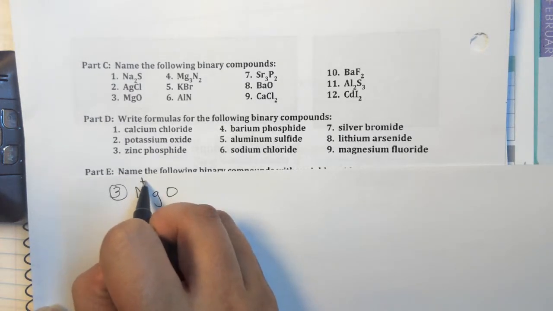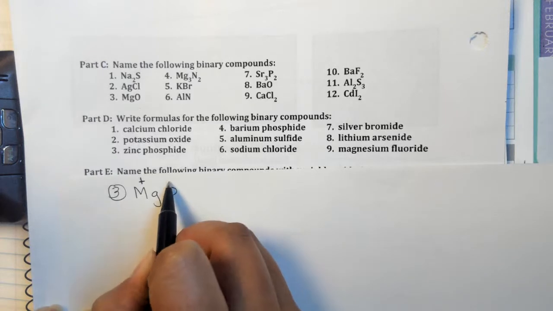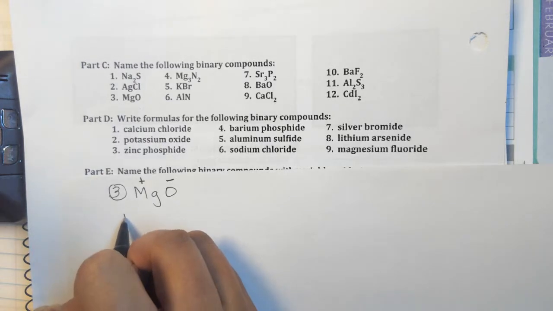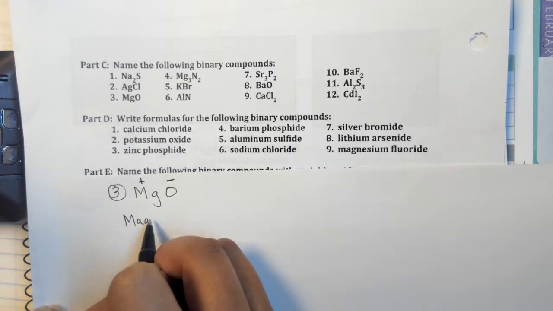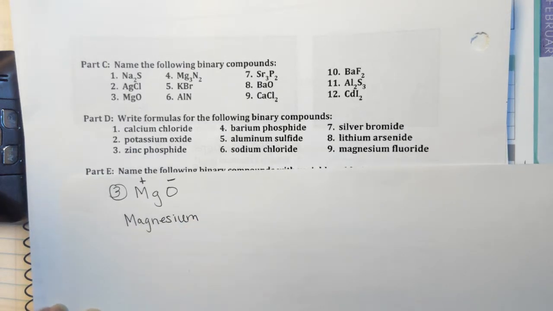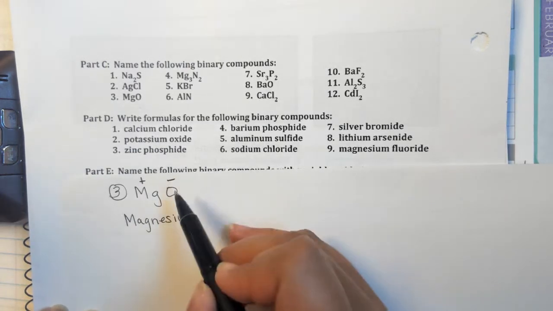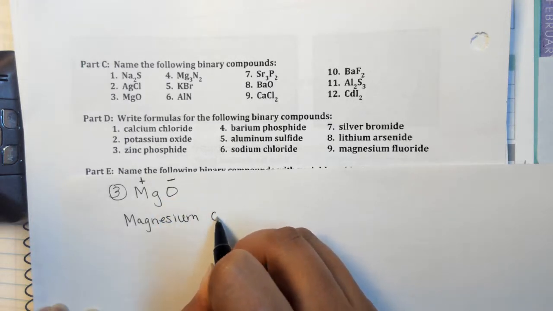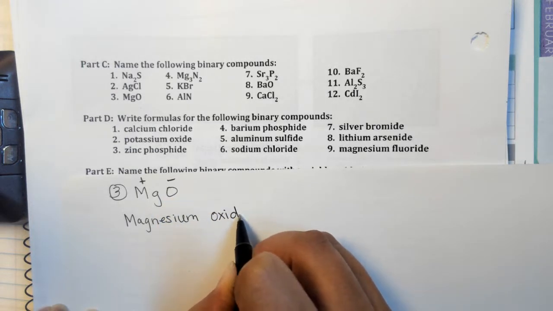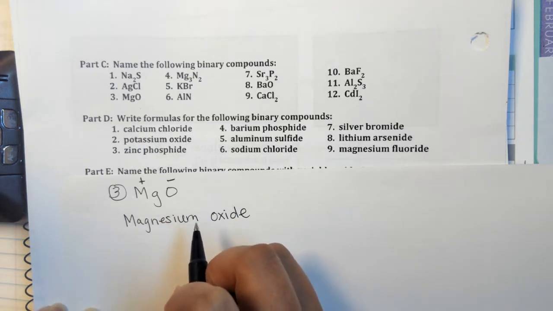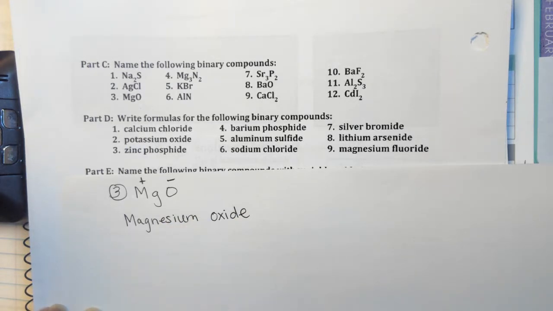So this is my positive, which means oxygen is my negative because it's on the right side of my metalloid stair step. So I'm going to first name my positive ion. So that's magnesium. It stays the same. And then next, I'm going to name my anion. We know my anion is oxygen, and I just changed the ending from oxygen to oxide. And it does not need Roman numerals because it only has one possible oxidation state.